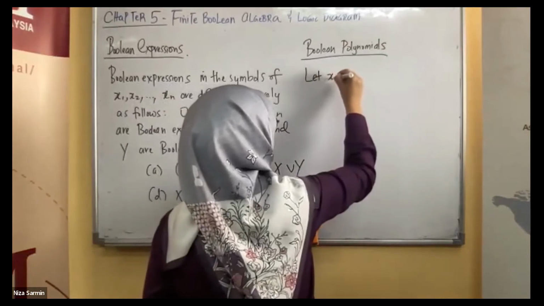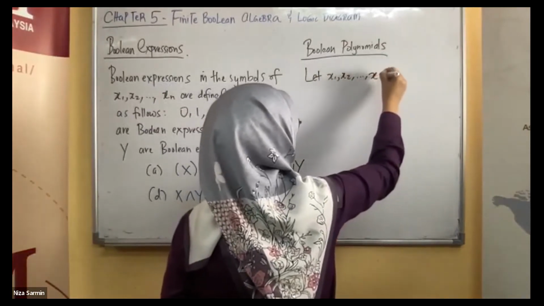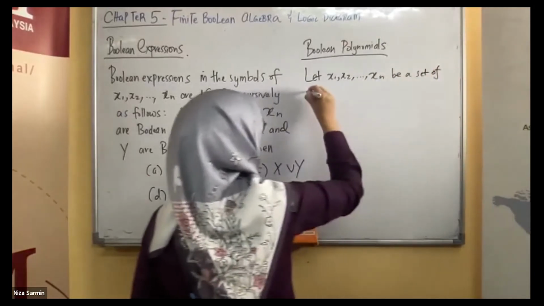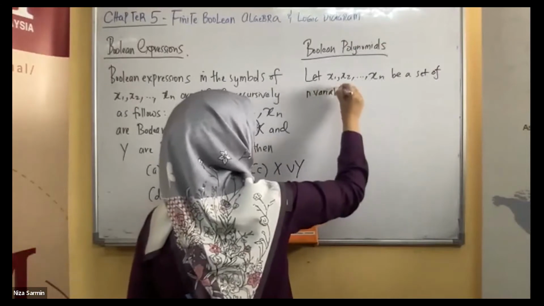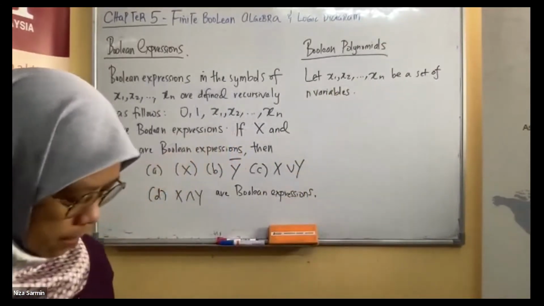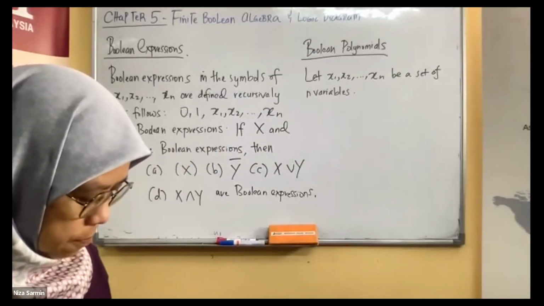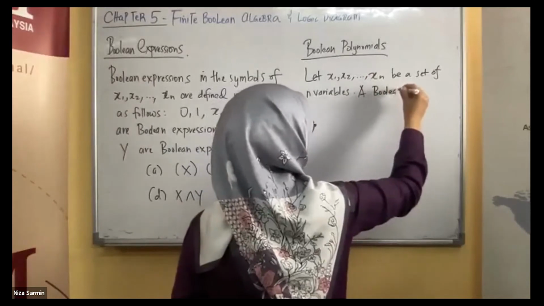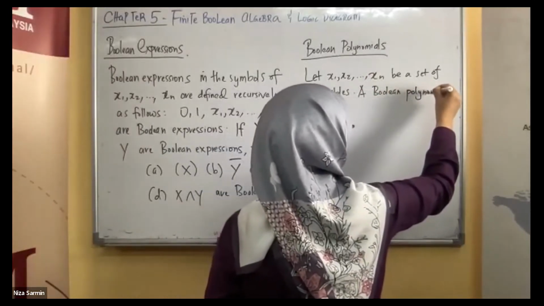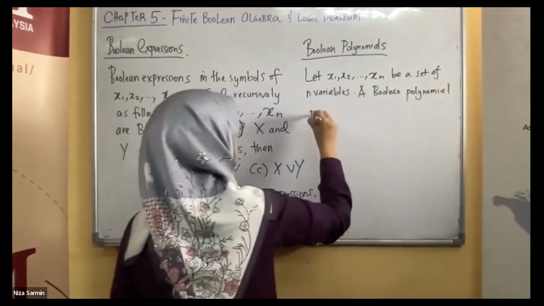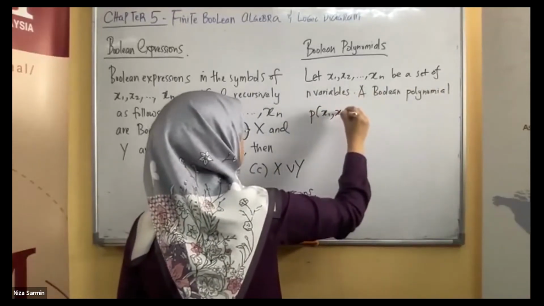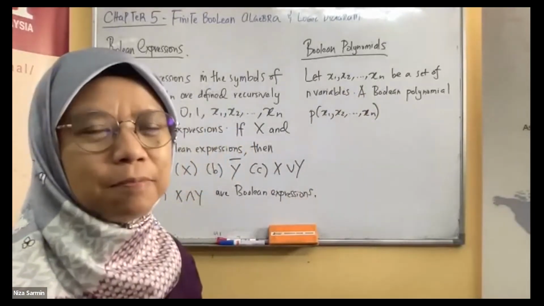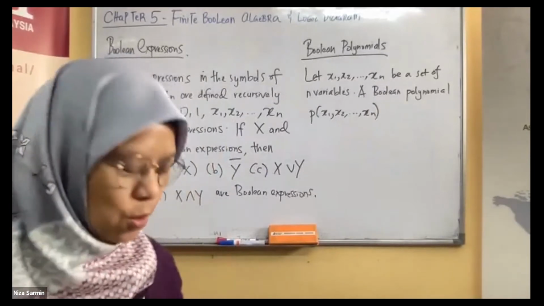Let x1, x2 until xn be a set of n variables or symbols. A Boolean polynomial P in terms of this x. We write polynomial like f of xy, p of xy, like this, right?